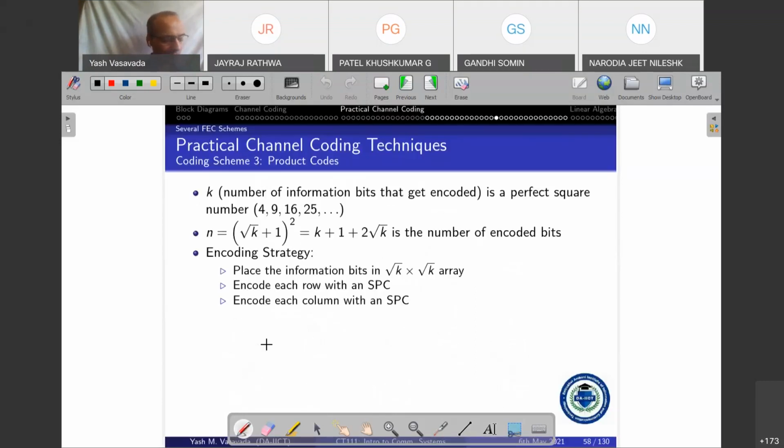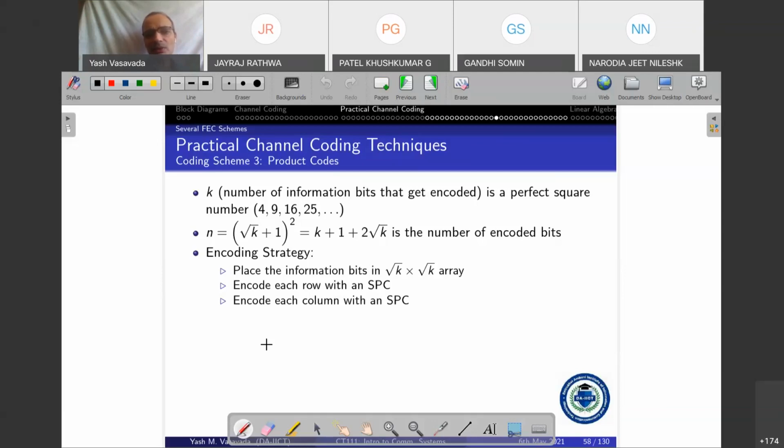Okay, with that aside, let us jump into the next coding scheme, which is quite an interesting scheme. It's probably not going to be terribly difficult for you to appreciate. It's called a product coding scheme. We'll first take a look at what is known as the square product code or square parity check code.